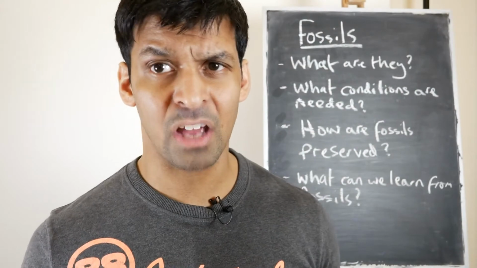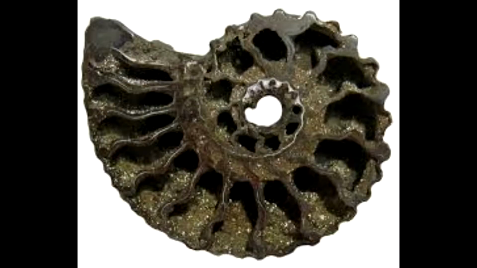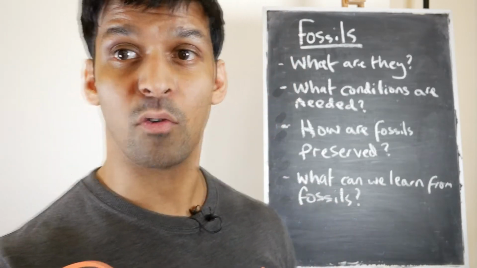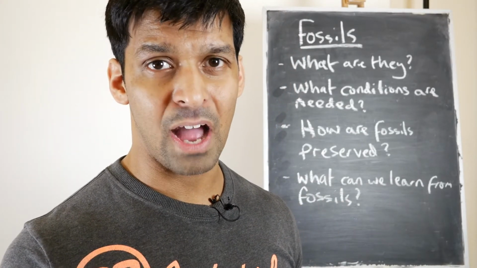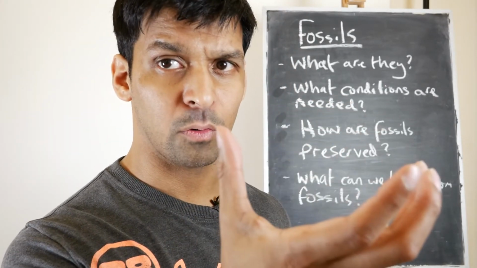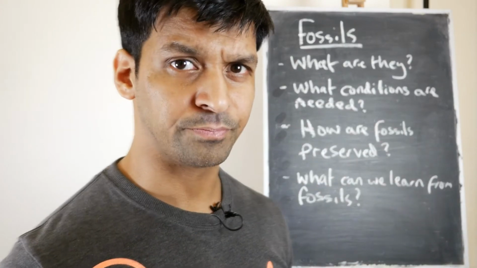An example would be a shell made of calcite getting replaced with silica. Essentially, the fossil turns into stone.